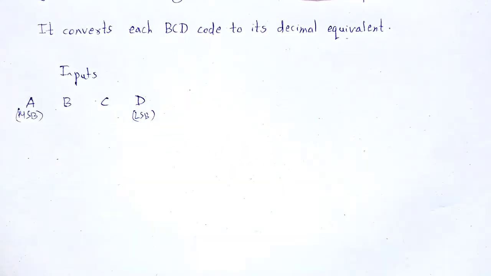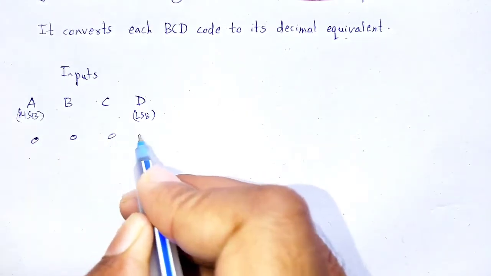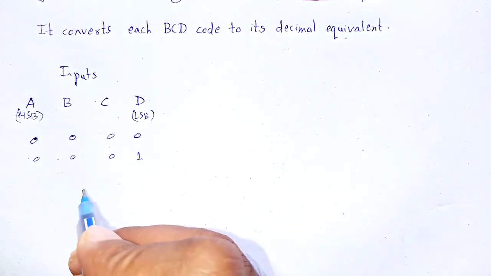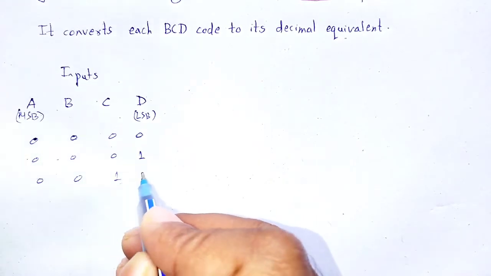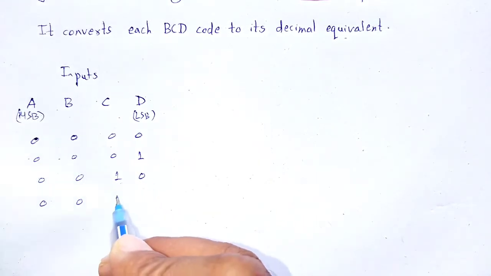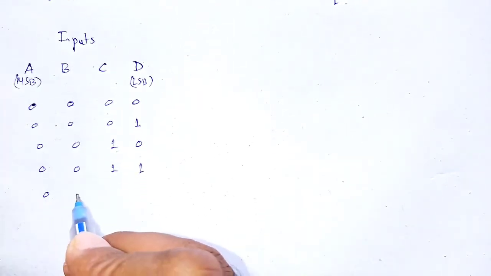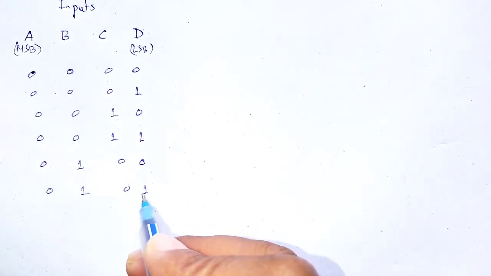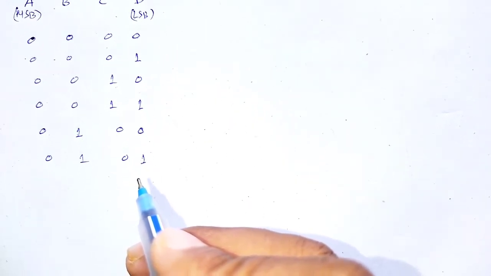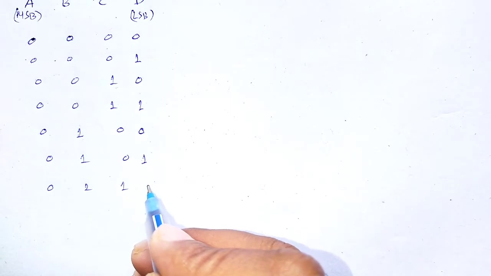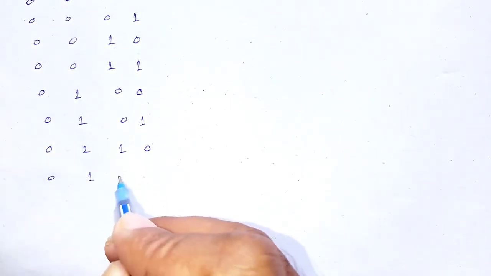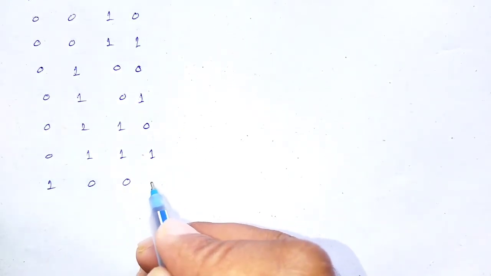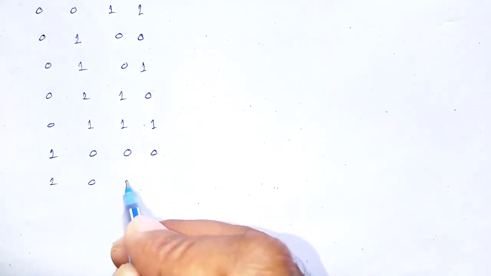So the possible conditions: 0 0 0 0, 0 0 0 1, 0 0 1 0, 0 0 1 1, 0 1 0 0, 0 1 0 1, 0 1 1 0, 0 1 1 1, 1 0 0 0, 1 0 0 1.